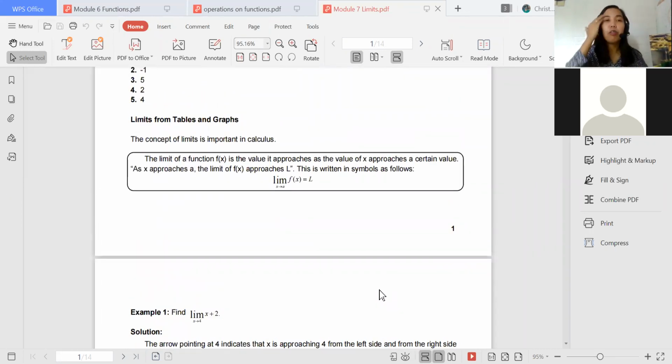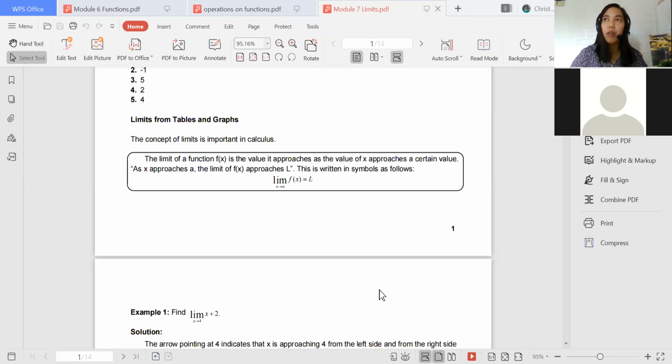So limits from tables and graphs. The concept of limits is important in calculus. So the limit of a function, that is the f of x, is the value it approaches as the value of x approaches a certain value.